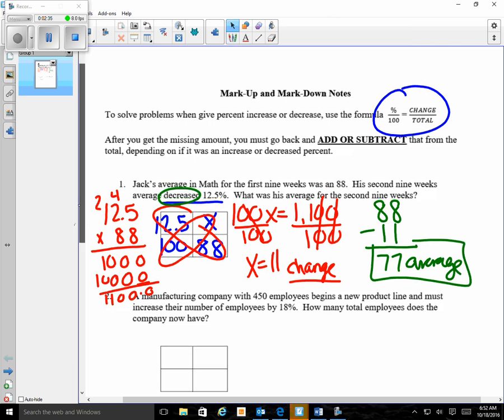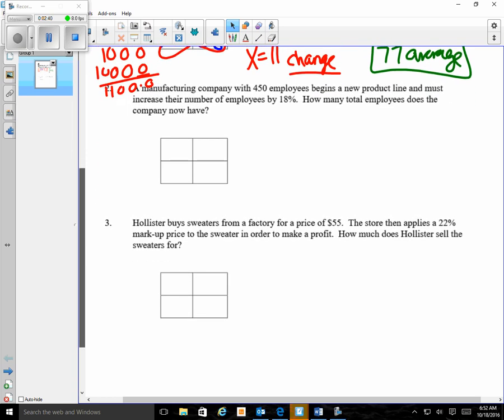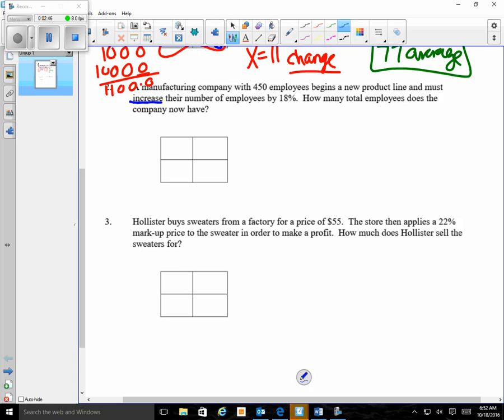Number 2. A manufacturing company with 450 employees begins a new product line and must increase their number of employees by 18%. How many total employees does the company now have? So we're going to give this as a percent. We're going to put that over 100.